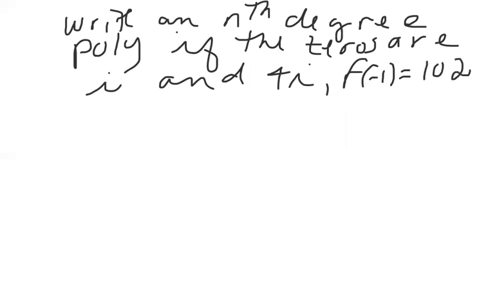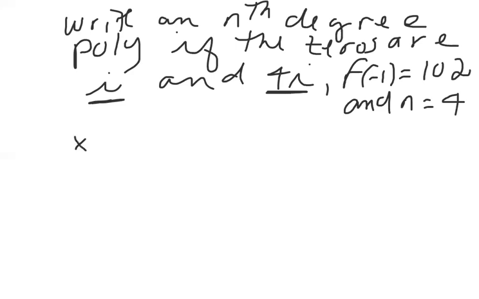Now, they want this to be an nth degree polynomial, and n is equal to 4. Which means they want you to write out a 4th degree polynomial, guys. The polynomial has the following zeros, i and 4i, and at x equals -1, the polynomial is at 102.